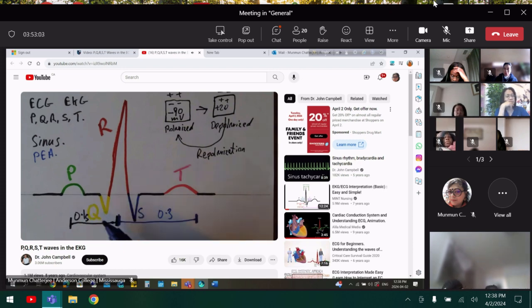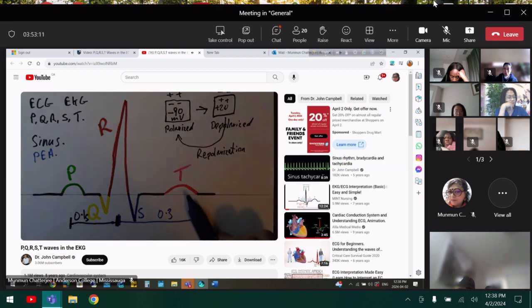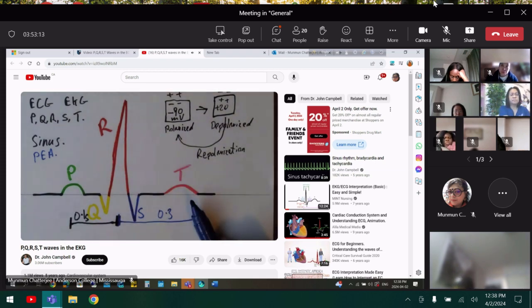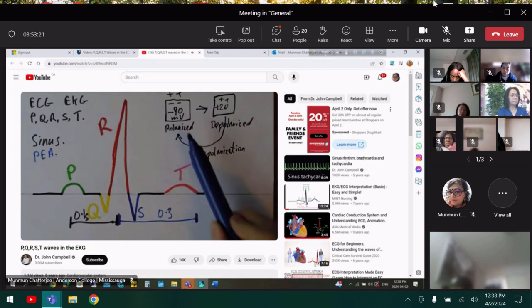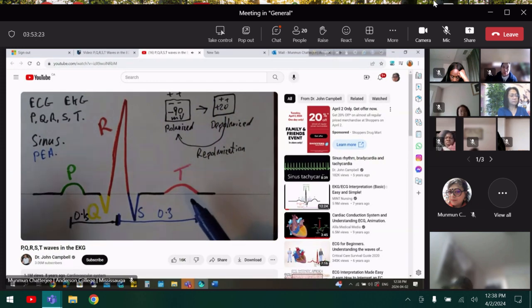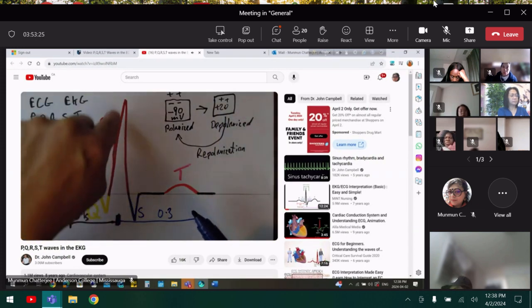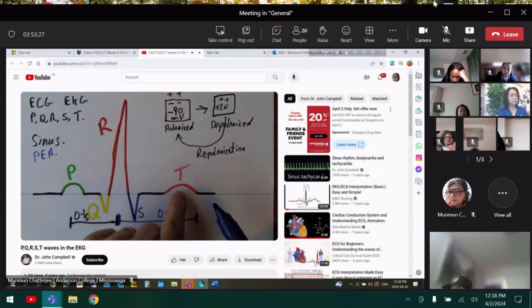Apart from that, P is atrial, QRS is ventricular, and T is repolarization of the ventricle. Now, we've said that the T is the repolarization of the ventricular myocardium. So P is depolarization, QRS is depolarization, T is the only one that's repolarization.